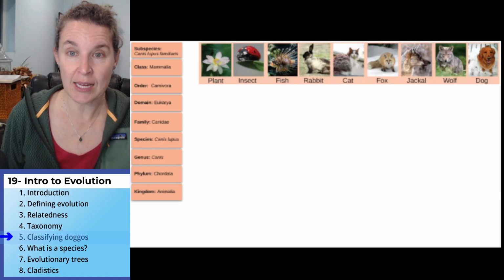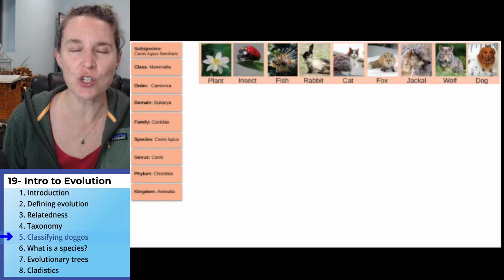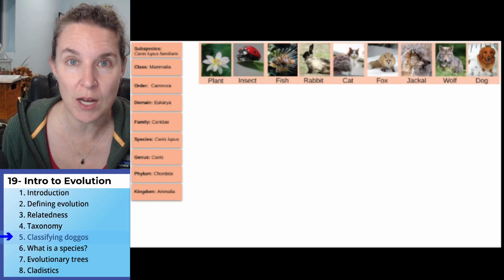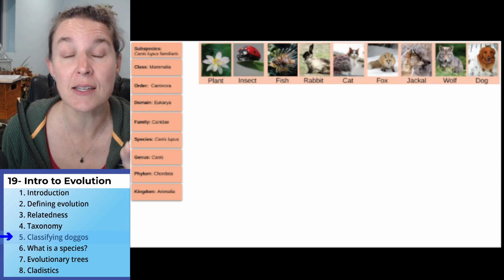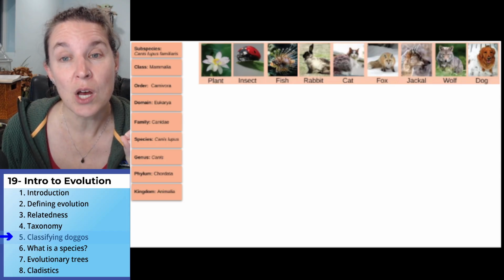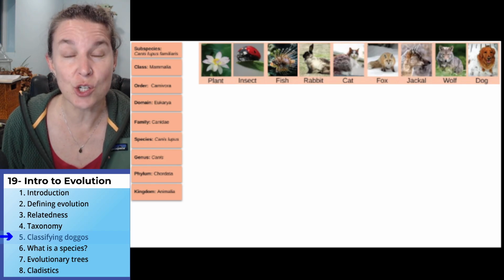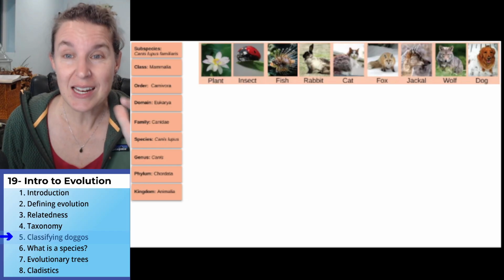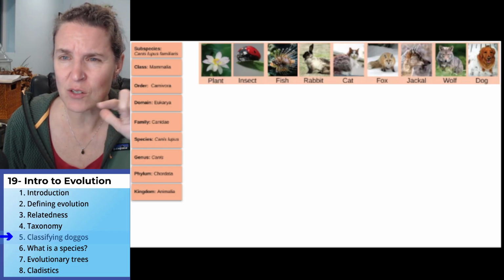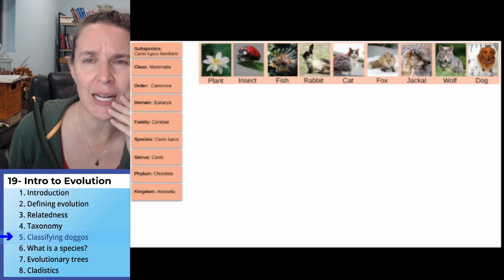There are 9 categories, and your job, and you're going to want to push pause on this to do the task, is to figure out which one of these classification groups describes every single critter up here in the top line.